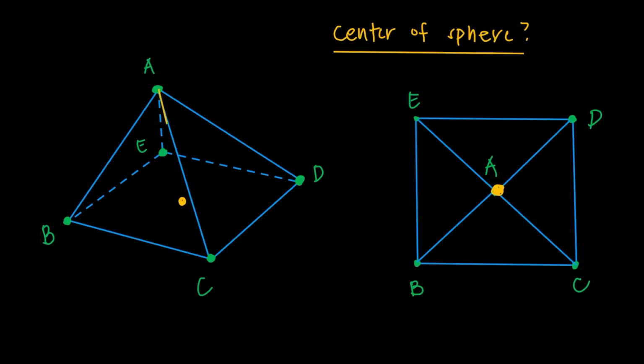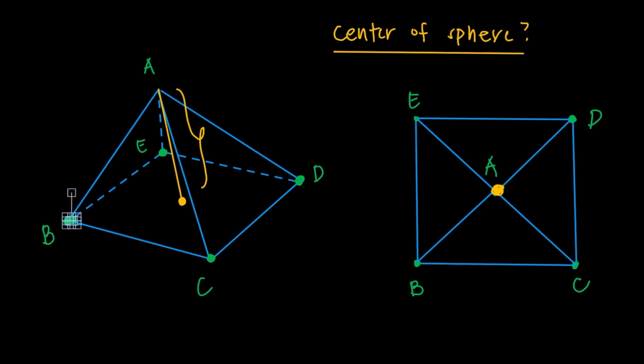So AF is going to represent this line that goes through the screen here. So the center of the sphere should be somewhere on this line. And that motivates me to consider a triangle.